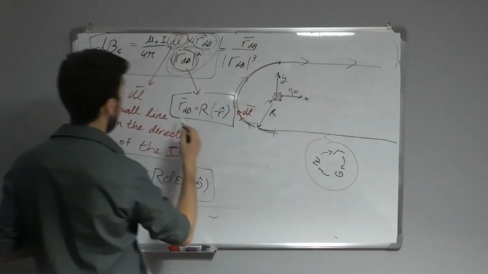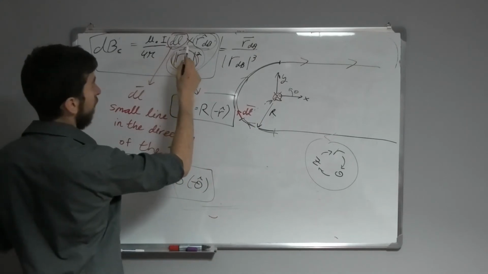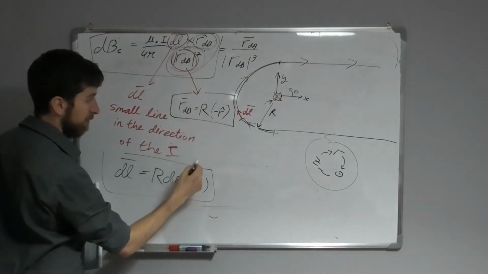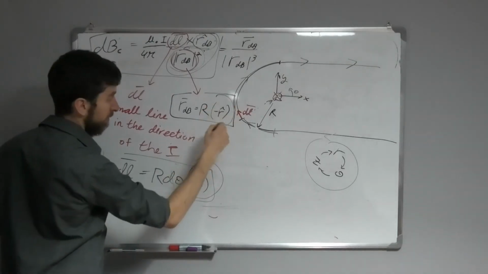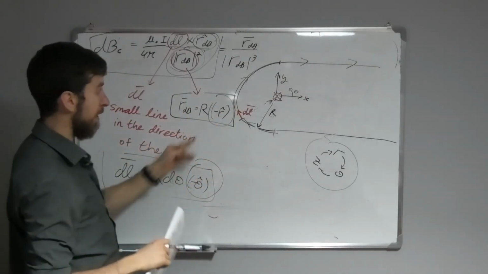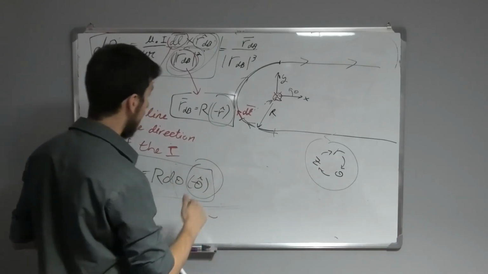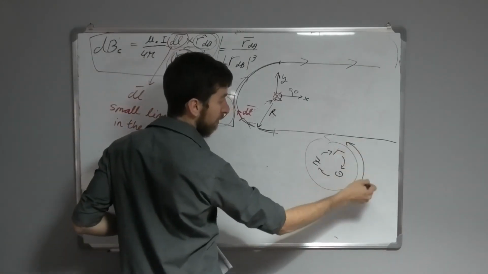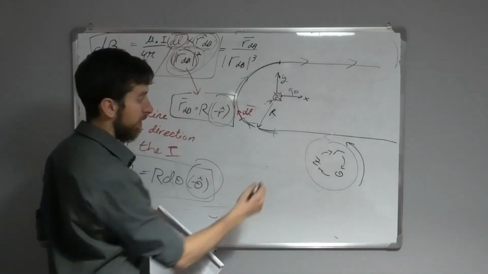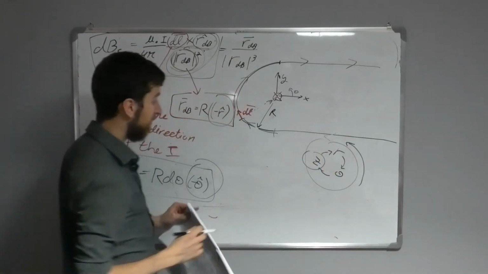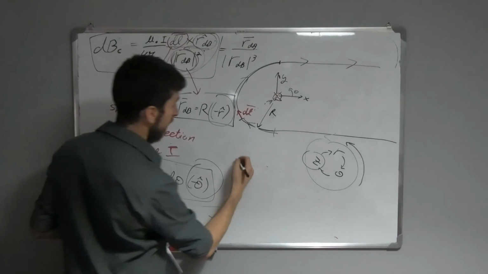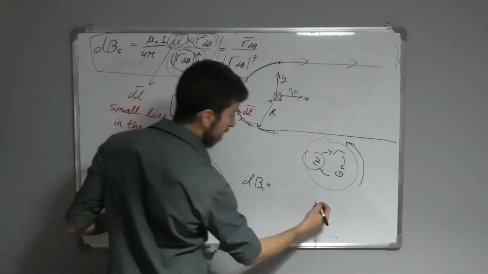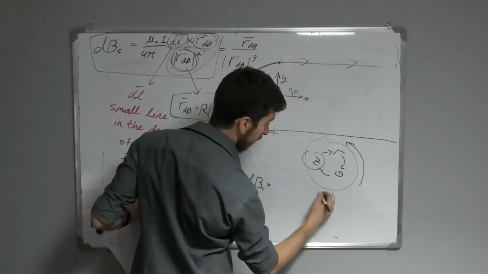So if I'm going to do dl cross r, you see, it's minus theta and then r. So we can forget about the minus sign, it's a plus, but first it's theta and then it's r. And I'm going against the clock, so I'm going to have z with the negative sign. So actually each contribution, dB, is equal to some minus z direction.